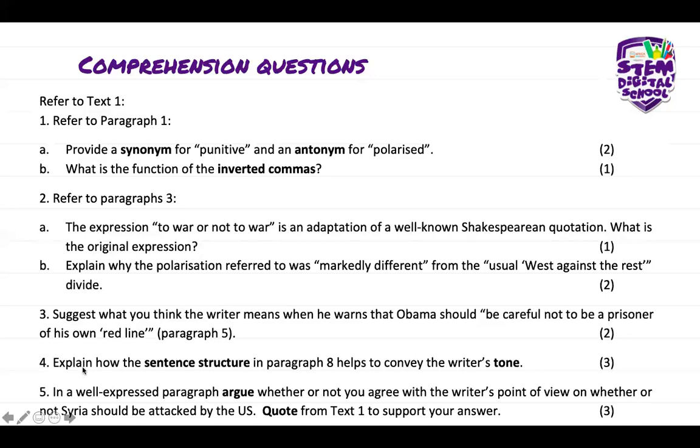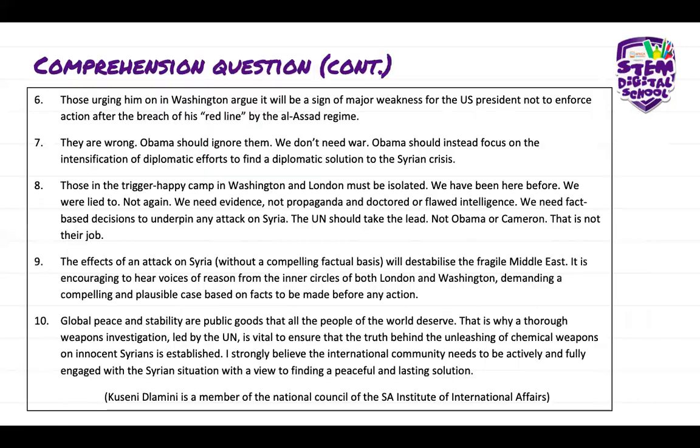Number 4. Explain how the sentence structure in paragraph 8 helps to convey the writer's tone. Remember sentence structure? Let's go, paragraph 8. Those in the trigger-happy camp in Washington and London must be isolated. We have been here before.